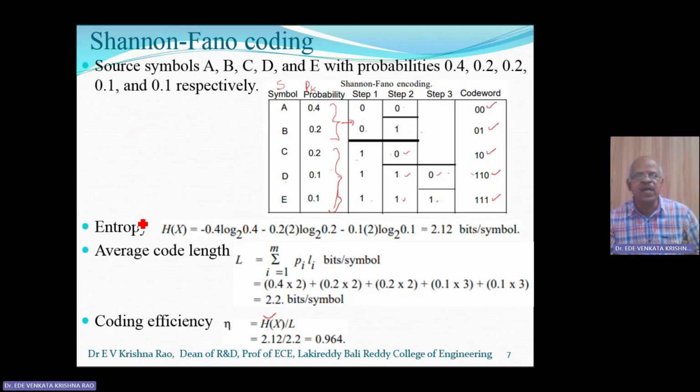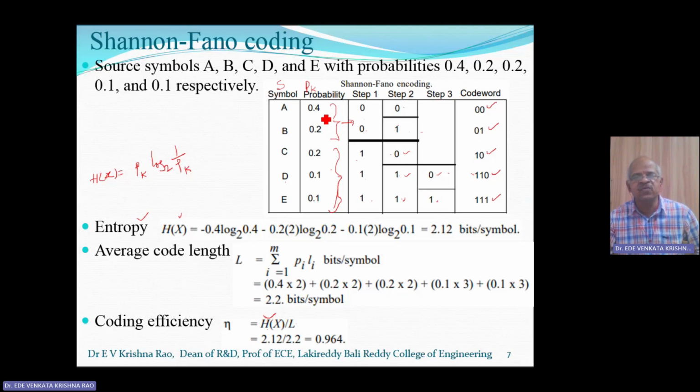So the entropy you can calculate: H of S is given by the formula, minus the sum of P of k into logarithm base 2 of P k, which is the same as P k into logarithm base 2 of 1 by P k.